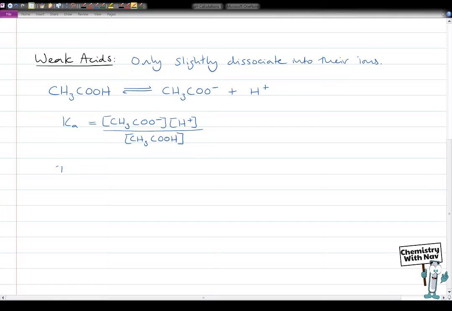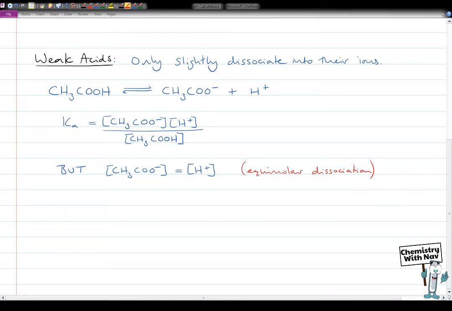But we know that the ethanoate ion concentration and the H+ ion concentration must be equal, because this is an equimolar dissociation.